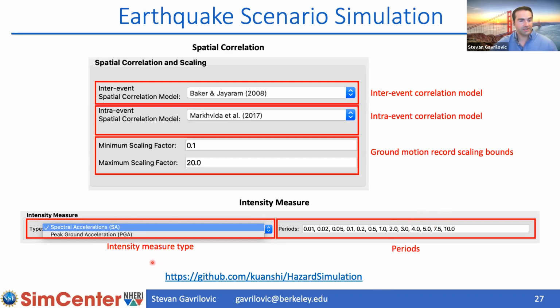If you want more information on how this is done, you can go to this link down here. This is created by Quanchi, another postdoc at the SimCenter. If you go to this link, it'll take you to the backend source code, which will provide more detailed information of what's being run and how these inputs are being used to do this ground motion selection.